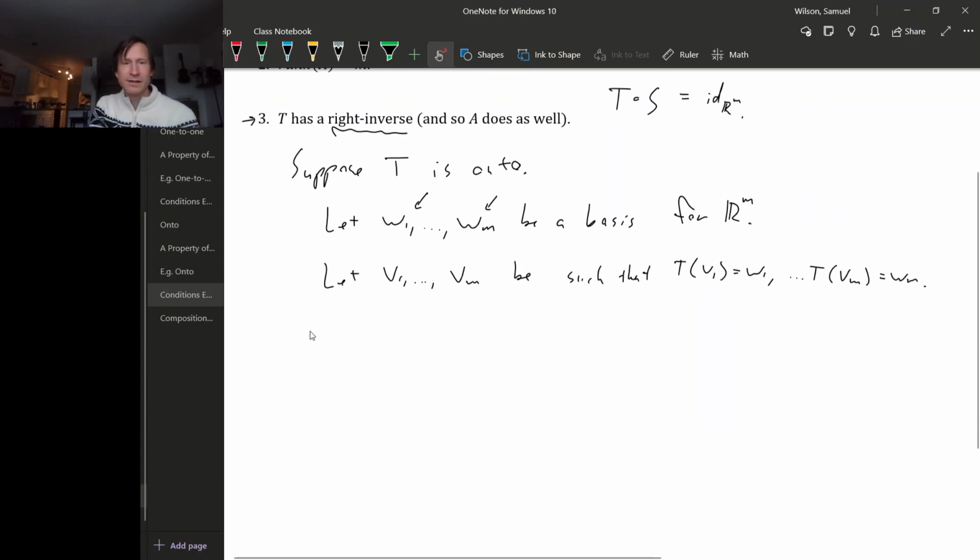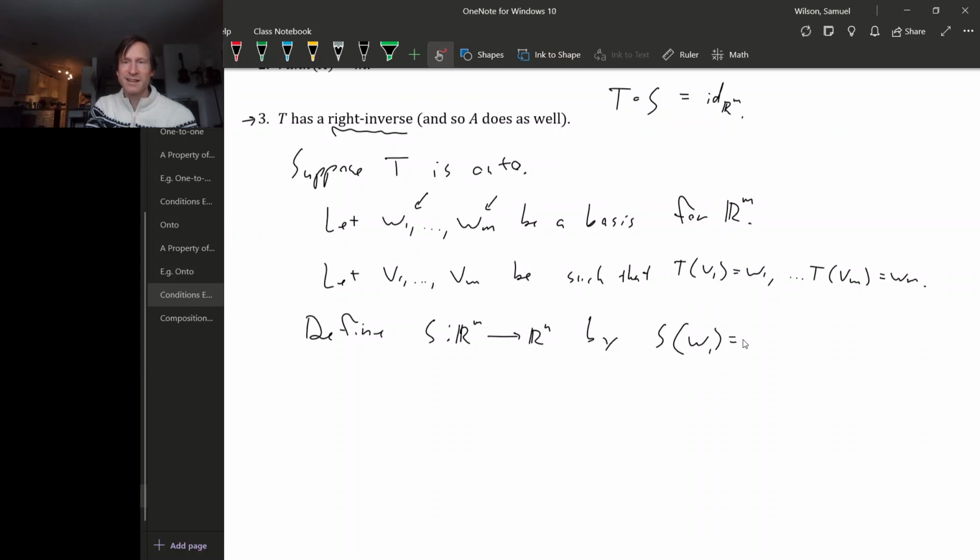Now we can define a linear transformation from Rm to Rn by, let's just say that S of W1 has to be V1 all the way down to S of Wm has to be Vm. Okay, so now we have a candidate for a right inverse.